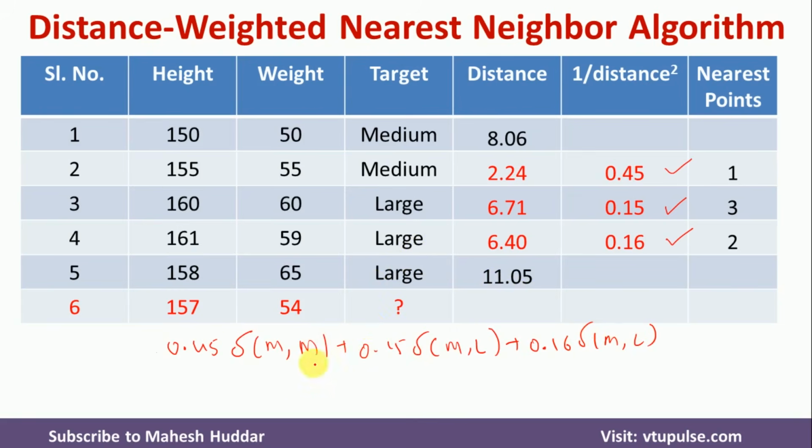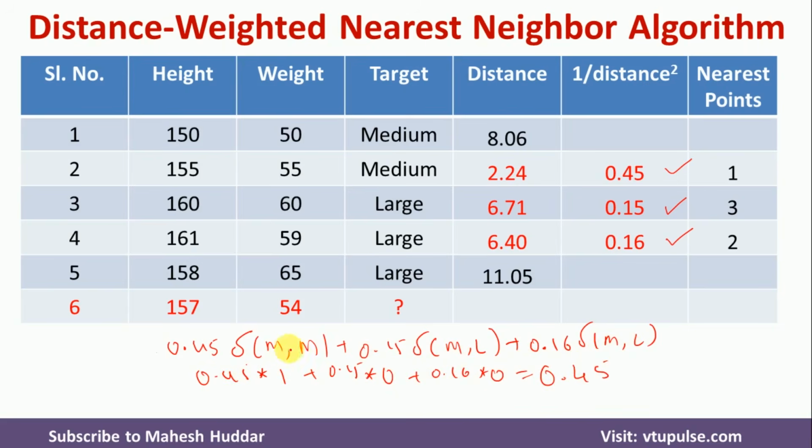This is equivalent to 0.45 multiplied by delta of m comma m, which is 1, plus 0.15 multiplied by delta of m comma l, which is 0, plus 0.16 multiplied by delta of m comma l, which is 0. So these two become 0, and 0.45 into 1 is 0.45. This is with respect to medium.